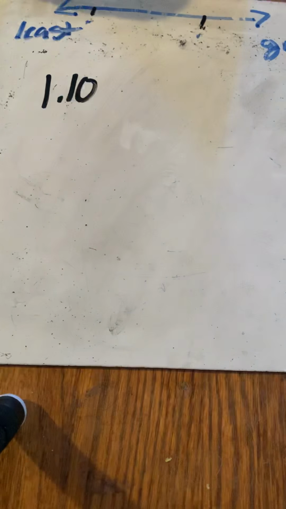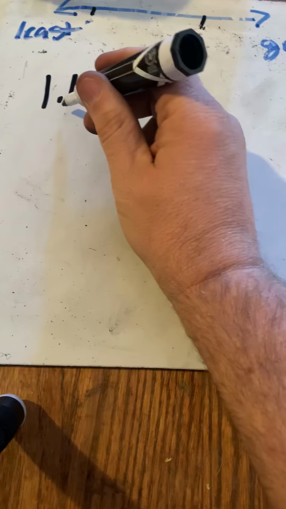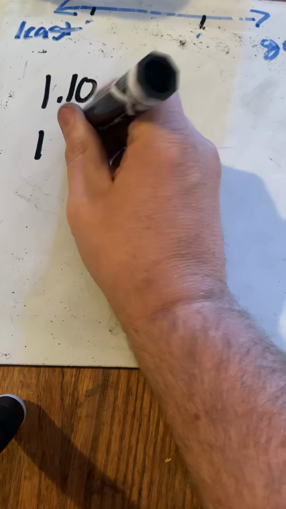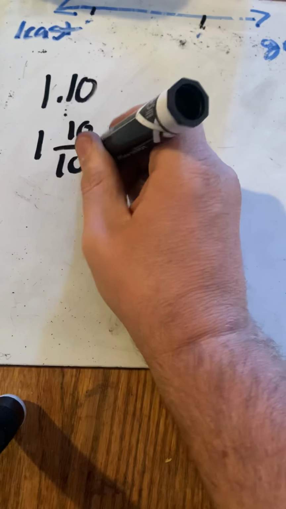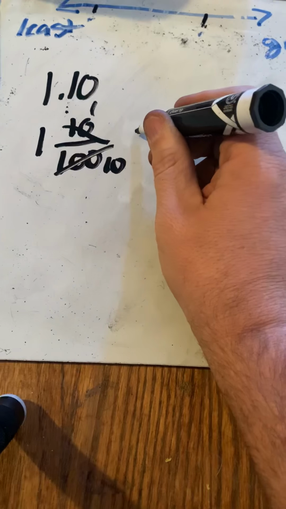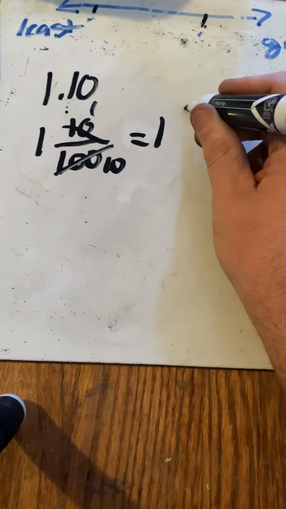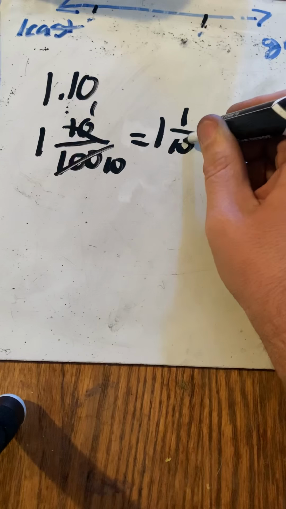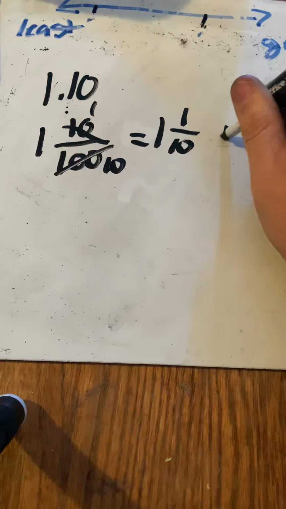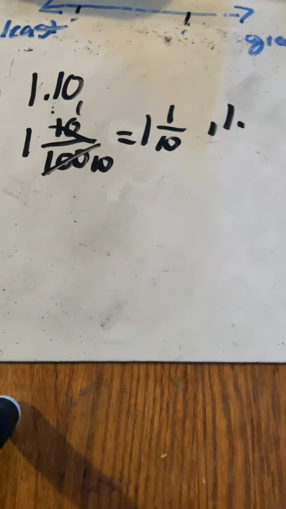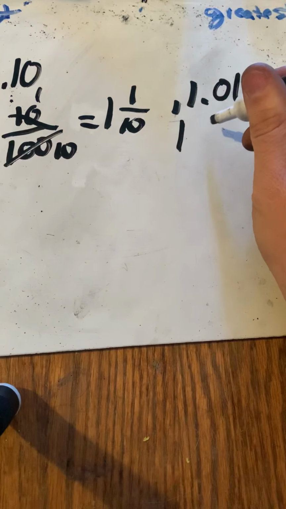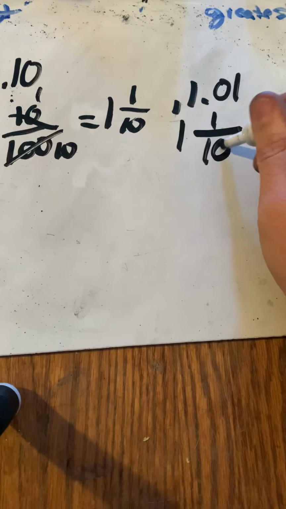I'm going to leave out the 5 because it's going to be a better comparison to the 1.01 by doing so. Speaking of which, that's the tens column and that's the hundreds column under here. So that's really just 1 and 10 hundredths. Well, 10 goes into 10 once and 10 goes into 100 10 times. So that's really just 1 and 1/10 versus 1.01, which is really just 1 and 1/100th.